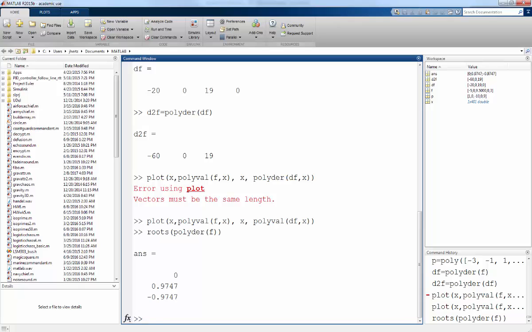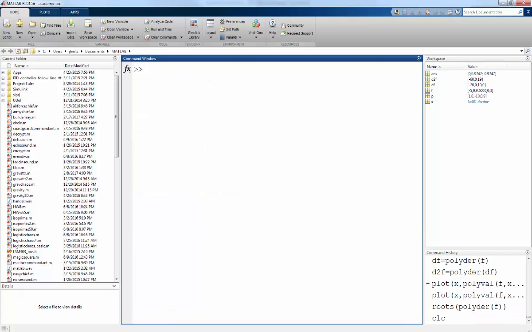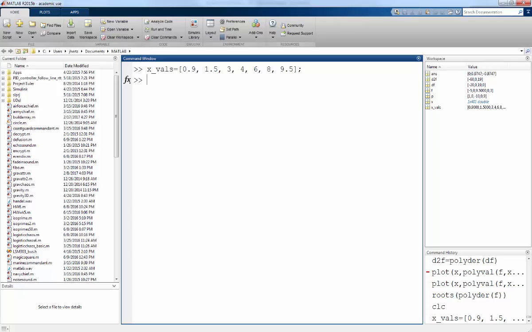The first step is to create an array of your x values. So those were 0.9, as shown, and create an array of y values.